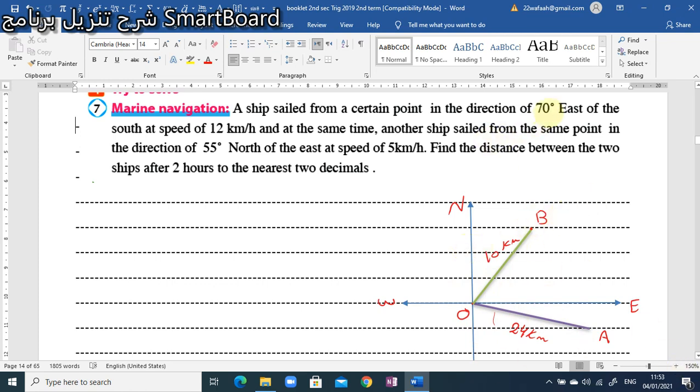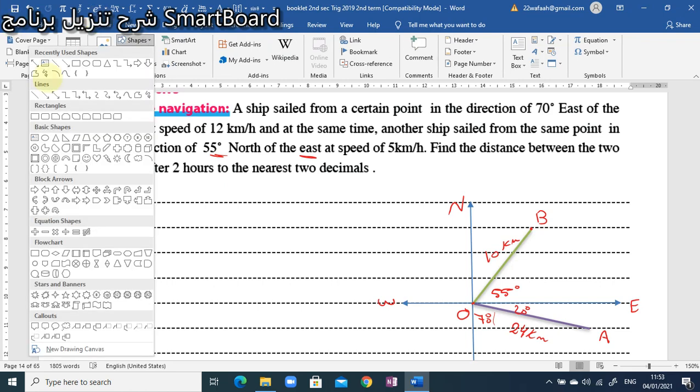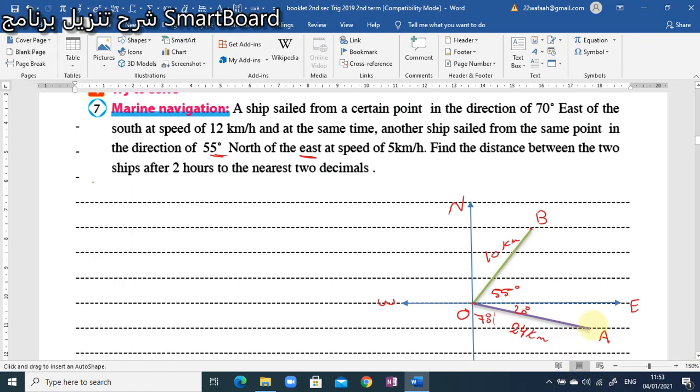So the direction of 70 east of south, it will be 70 here, and this angle will be 20, and the second 55 north of east here. So this angle AOB will be 75. Find distance AB by using cosine rule.